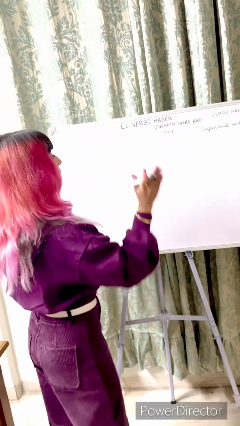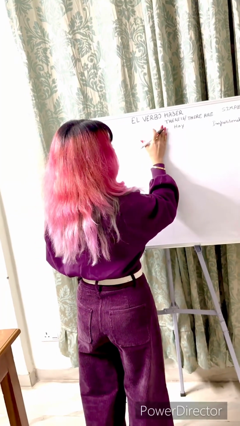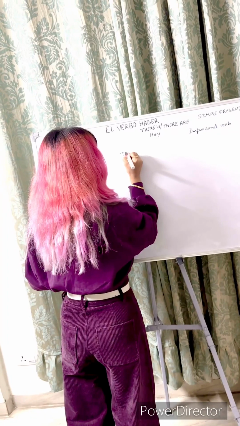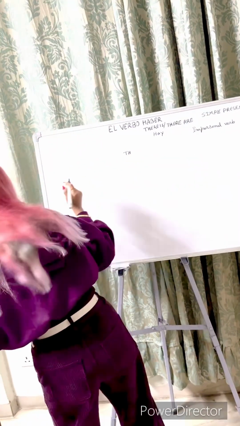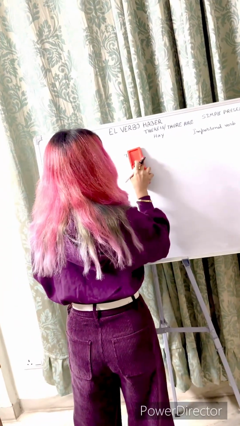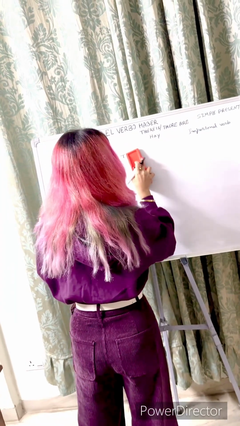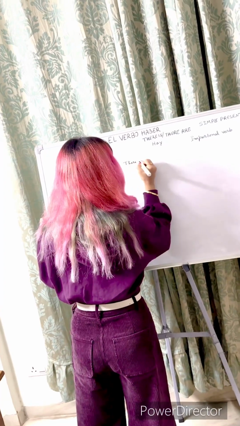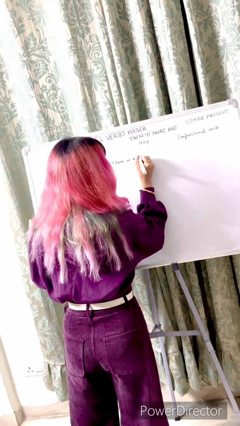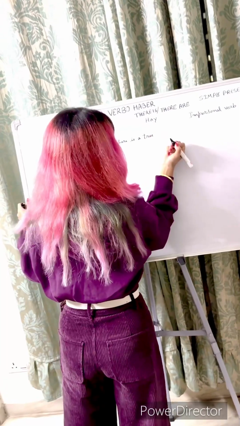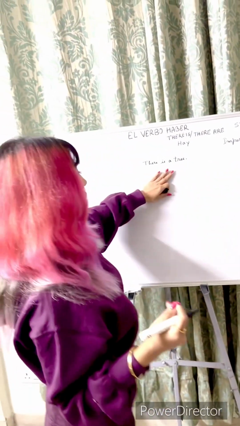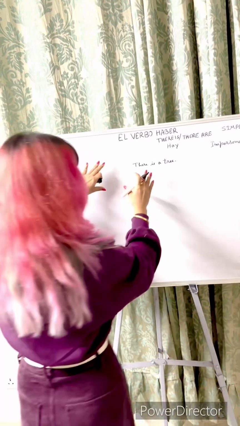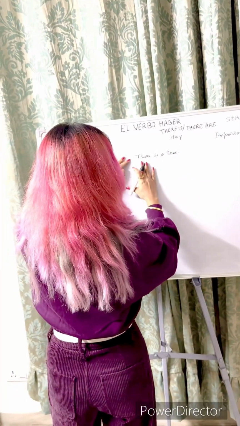But when we make a sentence for verb haber, the sentence would be like there is a tree. So we can see there is no true subject.